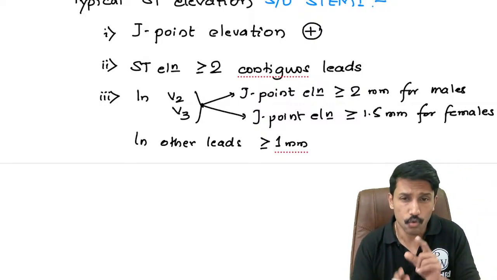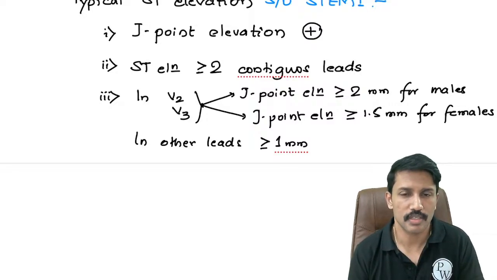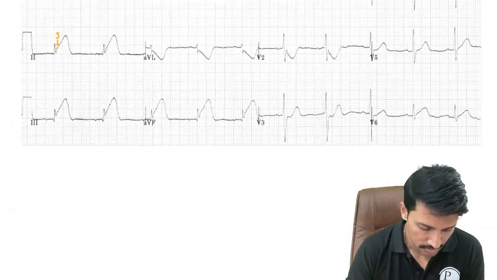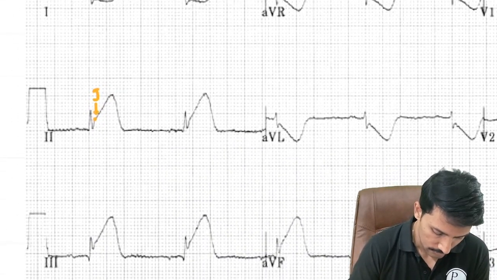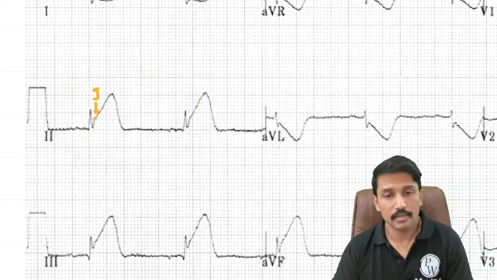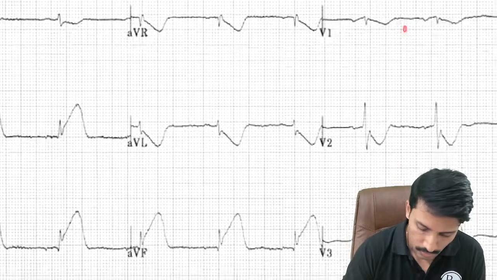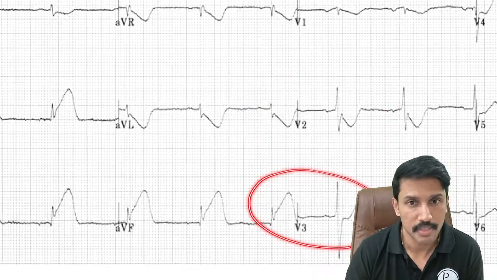Okay, so we will go back to the ECG that we were seeing and see if these rules we just learned are applicable. For example, we were seeing this ECG earlier. In which leads do I need 2 millimeter elevation in males and 1.5 millimeter elevation in females?